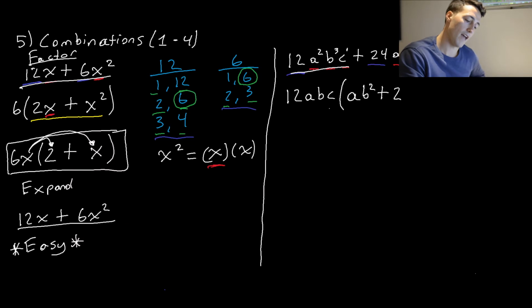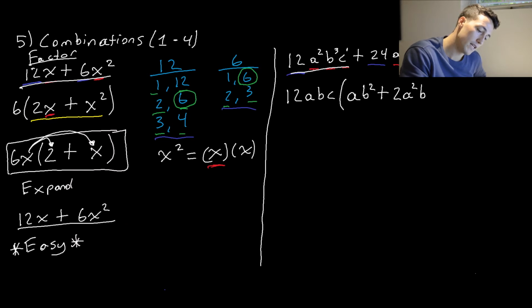Then we're going to have a times something giving us a cubed, that's a squared, and similarly, it's going to be times b, because b times b is b squared, and finally, that c was factored out. And lastly, we have 12 times something is 36, so that's going to be 3. And then we're going to have another a term. That b term is now b to the power of 1, and we already factored that out. So now we're just going to be left with c, because c times something is going to give c squared.